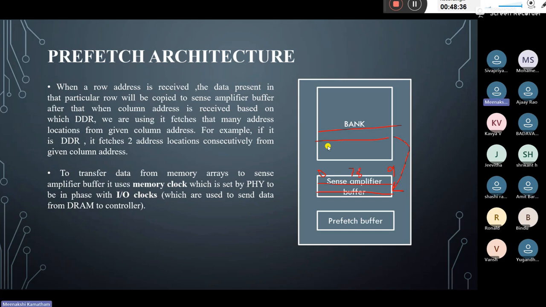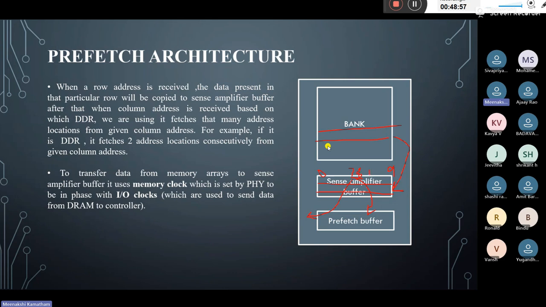internally, after 2n prefetch means both 7 and 8 are taken, and 7 will be given to the output, and 8 is 8. 2n means 7, 8. So 4n means 7, 8, 9, 10.